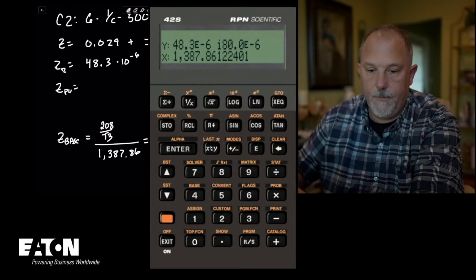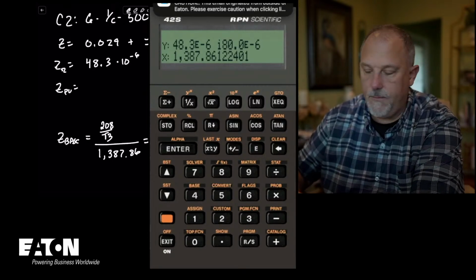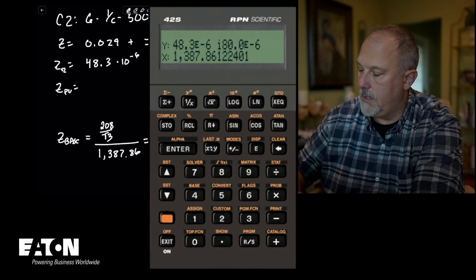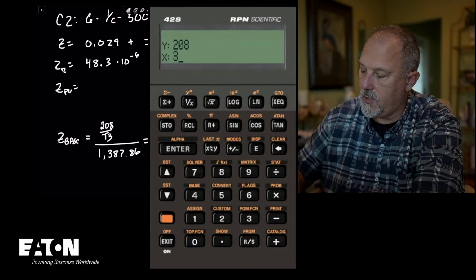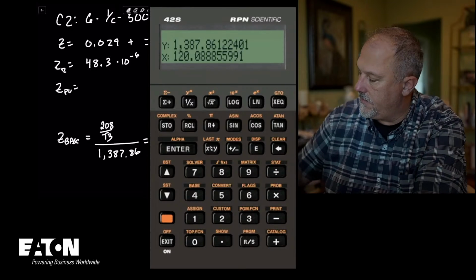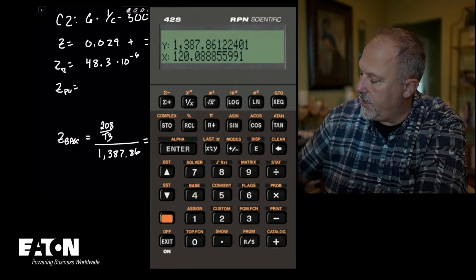So that is 208, divided by square root of 3, which is 120.0, divided by 1,387.86.